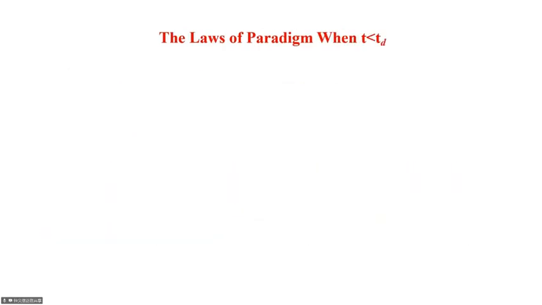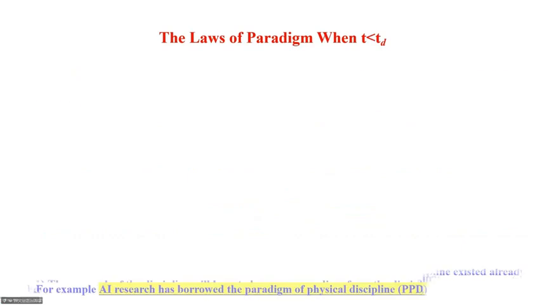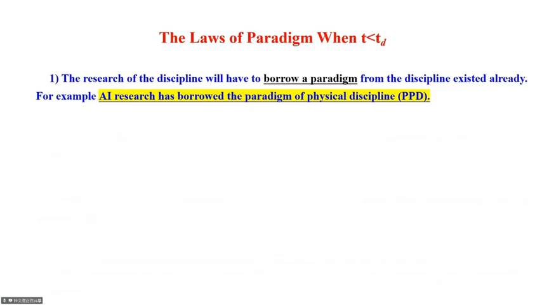Okay. Now, in accordance with the definition and the properties, we will have a number of regulations or laws for the paradigm. All the laws are valid when the research is still in the TD, in the period of time for building up its paradigm.